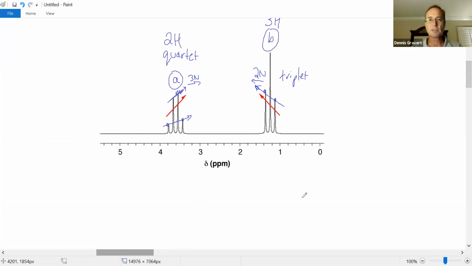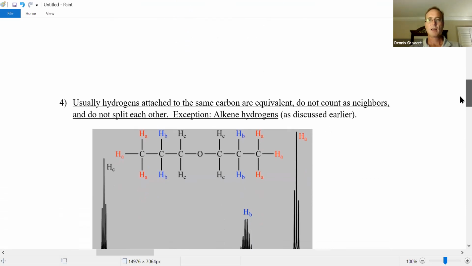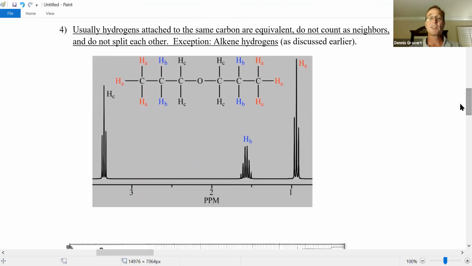Nice. Okay, that was a third of the notes I want to make about exceptions to splitting and stuff. Here's the last one. Actually, we kind of saw this already. Usually hydrogens attached to the same carbon are equivalent, and therefore they don't count as neighbors, and they don't split each other. There's an exception, the alkene, which I have a little farther down. So just to reiterate here, we got this ether, dipropyl ether, it turns out.